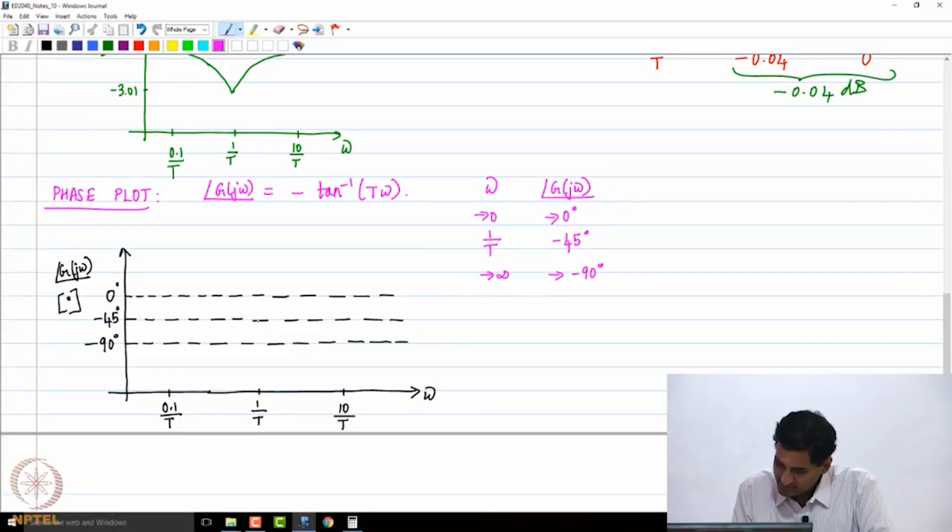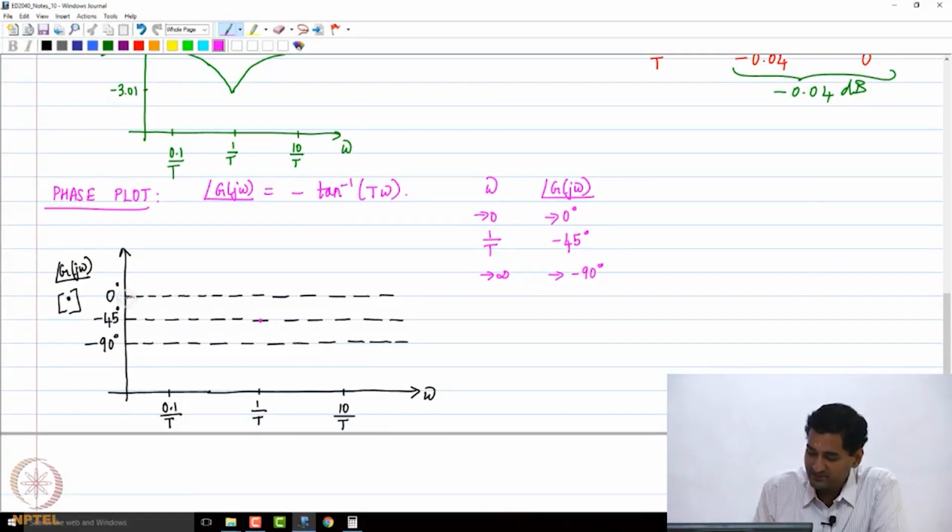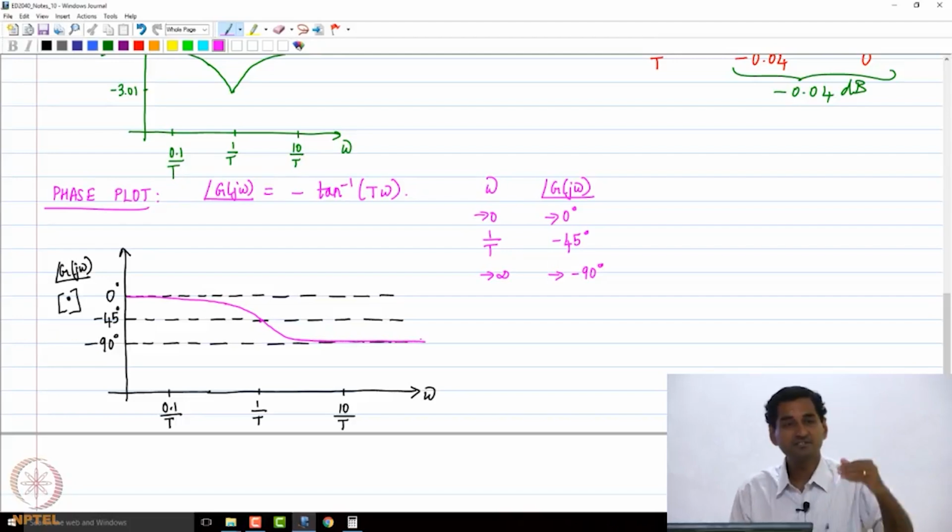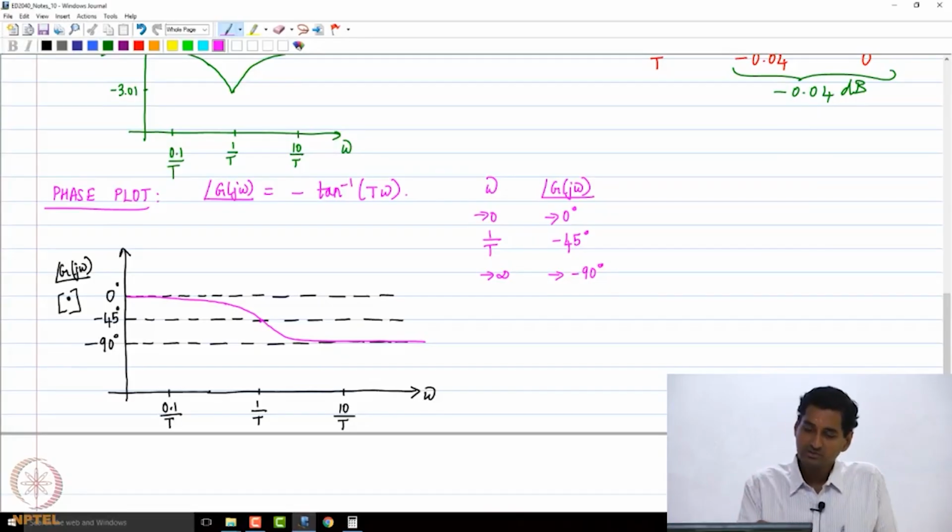I just need to make sure that I pass through 1 by T and minus 45, right? That's important. When I start from low frequencies, I'm going to have values which are very close to 0. Then I'm going to have an inflection point at 1 by T and minus 45. Then the curve just goes to minus 90. So that's how the phase curve is going to look, right? So that's the phase plot of this first order factor.